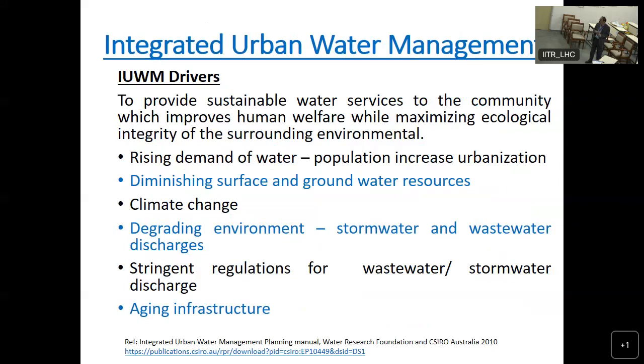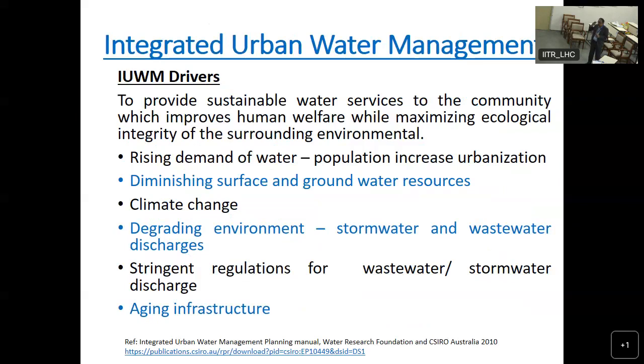Then degrading environment: there is an increase in stormwater and wastewater discharge into the receiving environment, and that means it is impacting the quality of the water which is flowing into the natural environment. Then stringent regulations for wastewater and stormwater disposal, and aging infrastructure.